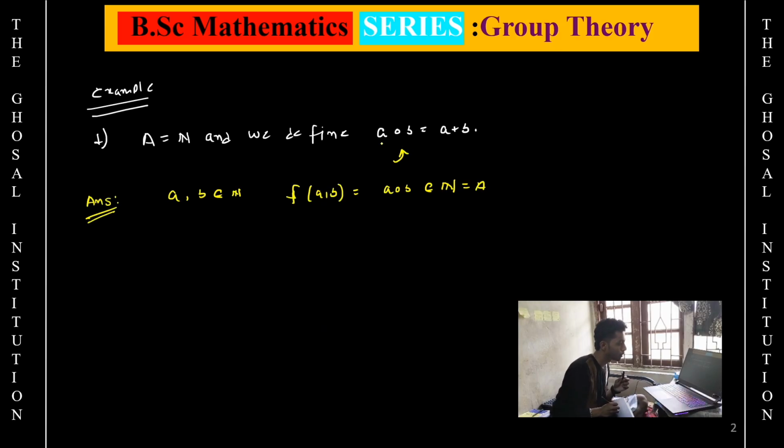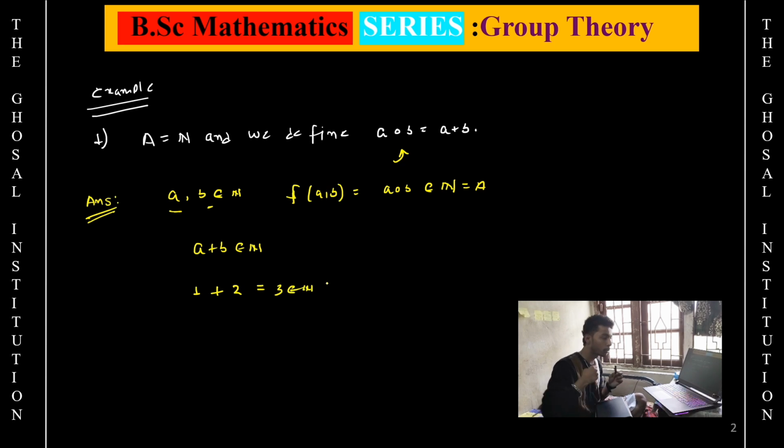So as we define a compose b as a plus b, it's pretty sure that if you take any elements a and b from the natural numbers, then after adding a plus b, it surely goes into the natural numbers. Like if you take a as 1 and b as 2, after adding it will give you 3, and 3 is already in the natural numbers.